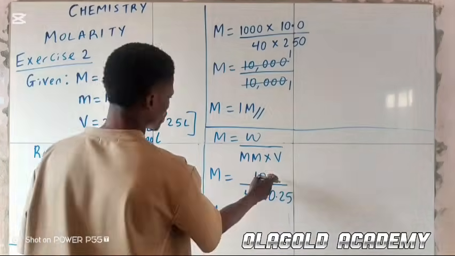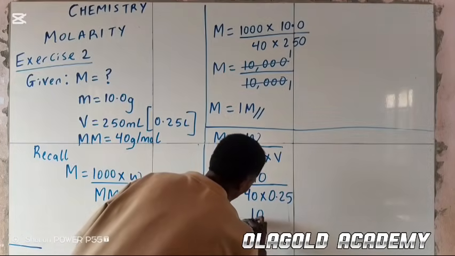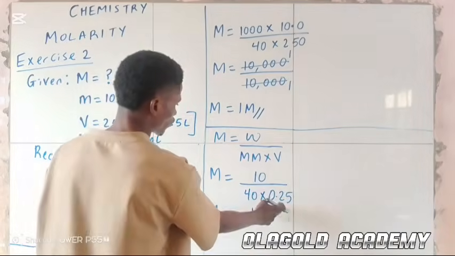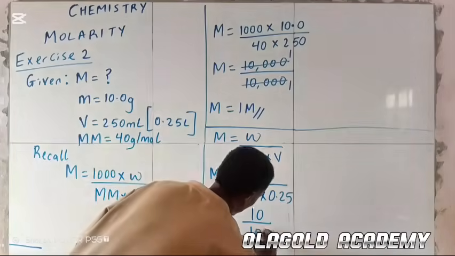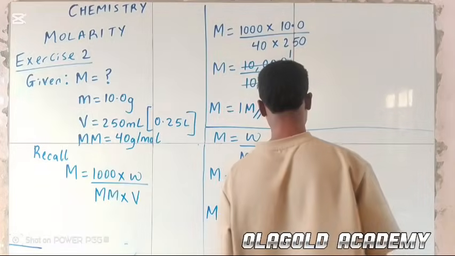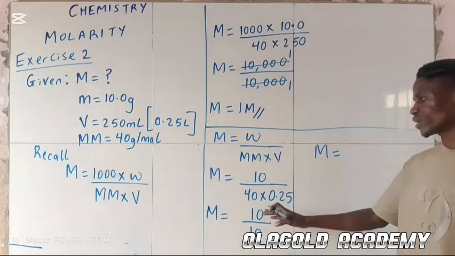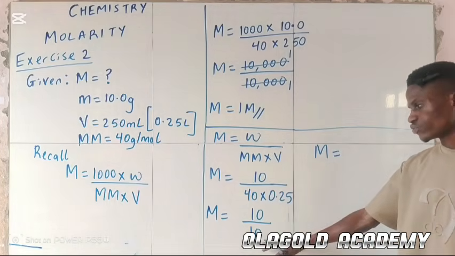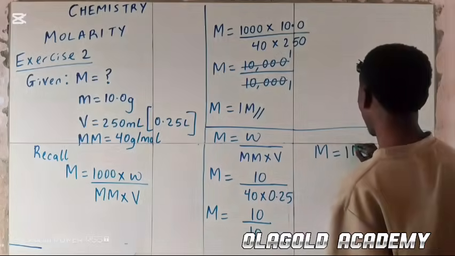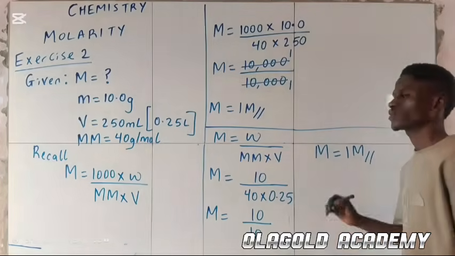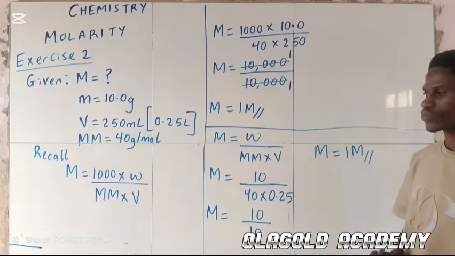If I multiply 40 by 0.25, I get 10 as well. So molarity equals 10 divided by 10, which gives me 1. So I have 1 molar as my final answer.